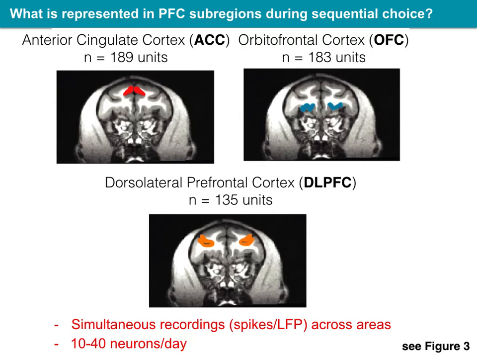And what we could do was lower multiple electrodes acutely into each of these regions. And with our recording setup, we could typically record somewhere between 10 to 40 neurons a day from these regions. So we could get a reasonably good estimate of population recordings of neural responses from each structure.